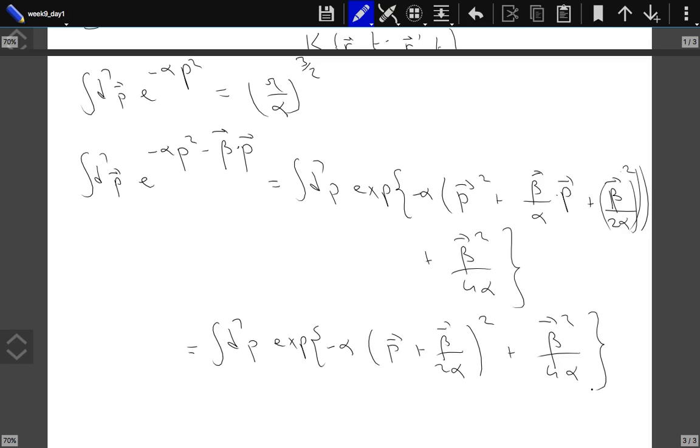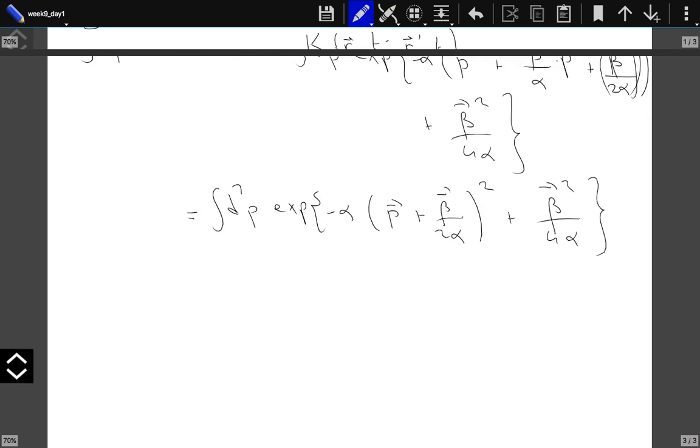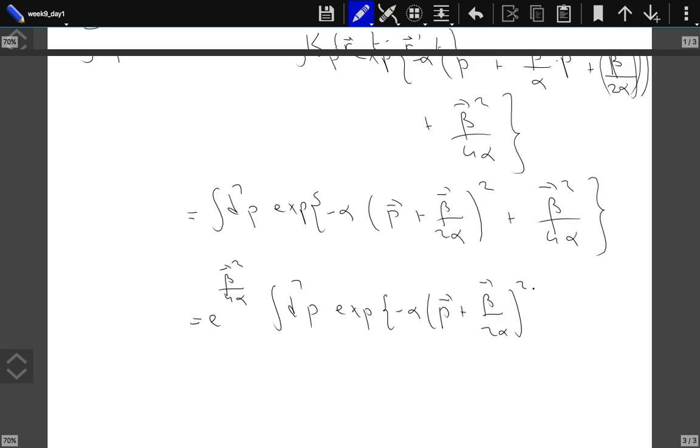Now you see that beta squared over 4 alpha is independent of p, so I can just take it out of my integration: e to the power beta squared over 4 alpha, d cubed p, exponential of minus alpha times (p plus beta over 2 alpha) squared.